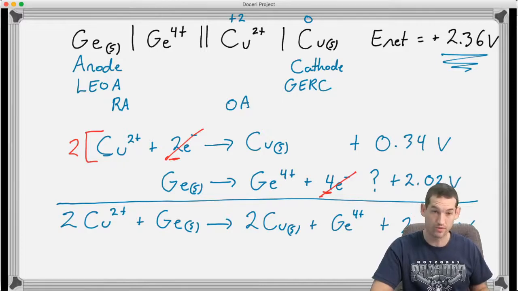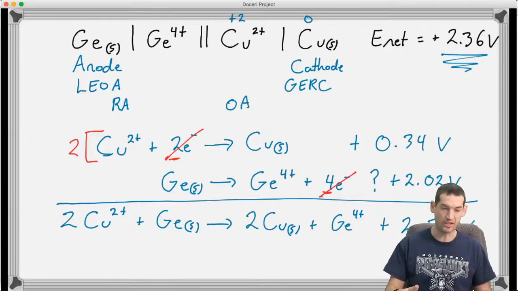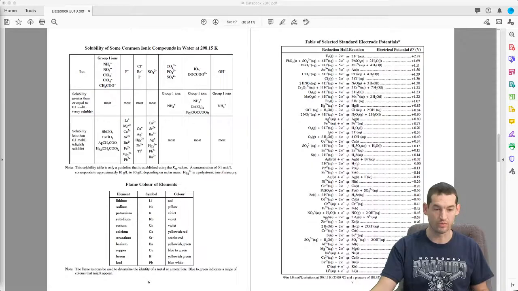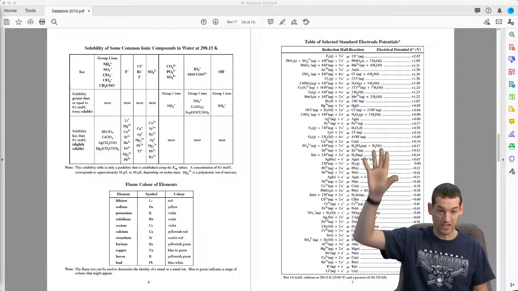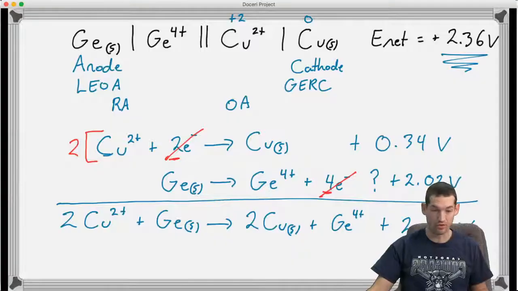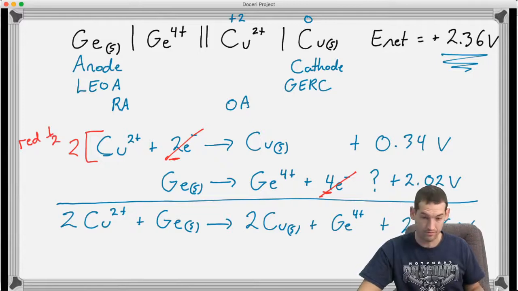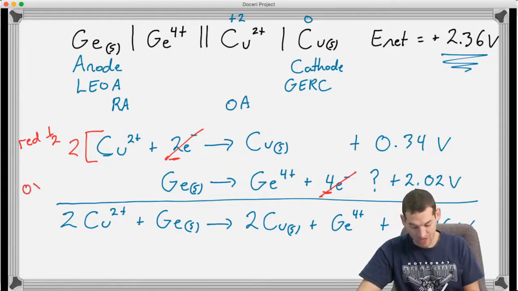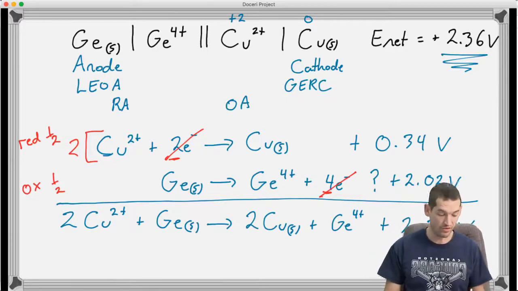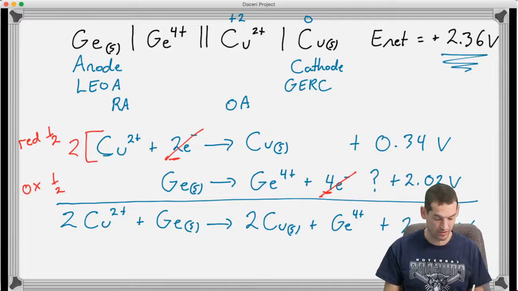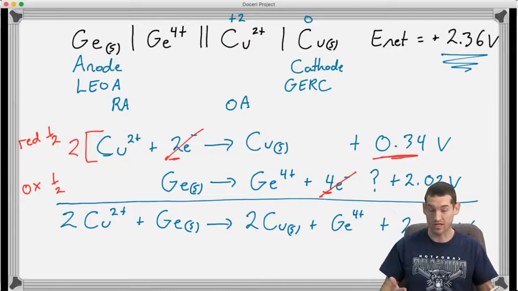So that gives me a positive 2.02 volts. Now here's where you have to be a little bit careful. Remember that on our data booklet we wrote the copper reaction forwards, which is a table of reduction half reactions. So that forward one is a reduction half reaction, which means this one is an oxidation half reaction. So this number for the copper is a reduction voltage or reduction potential.